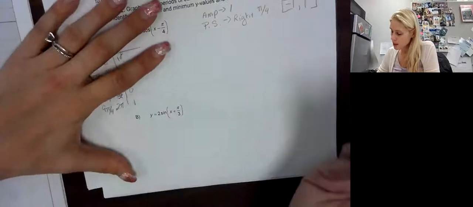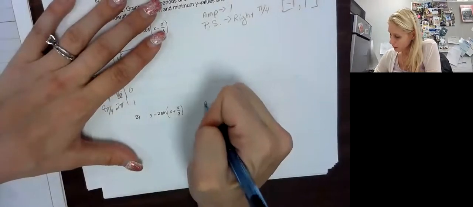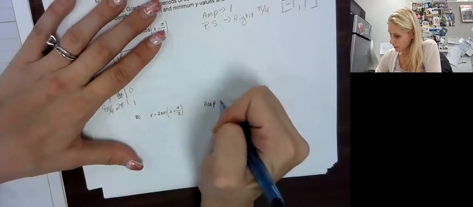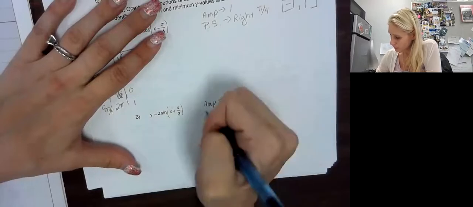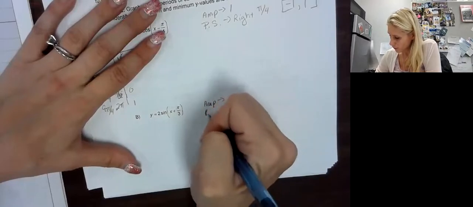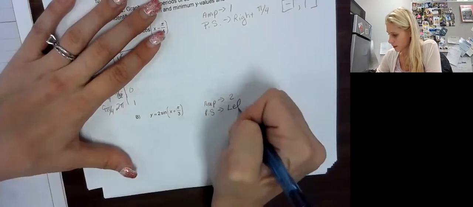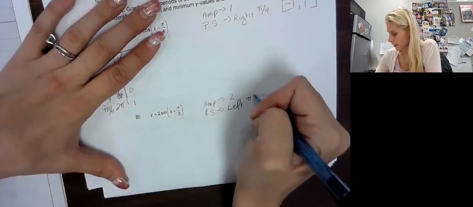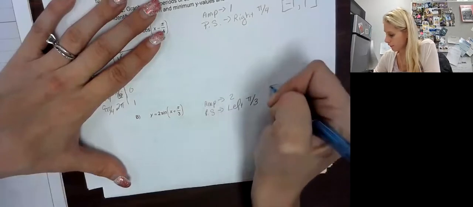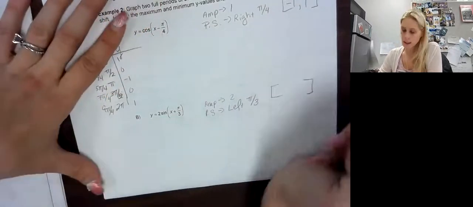All right, let's try the next one. So right here, amplitude is 2. And our phase shift, remember opposite, so it's going to go left, pi over 3. Let's wait for our range until we see our table.